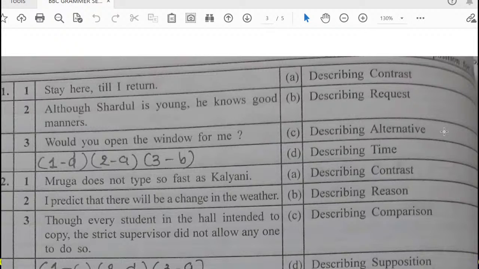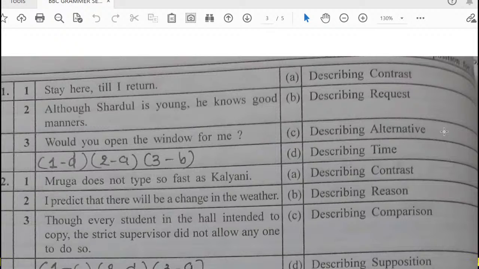So the first sentence is connected with option C, describing comparison. Second, I predict that there will be a change in the weather. See the options: describing contrast? No. Describing reason? No. Describing comparison?